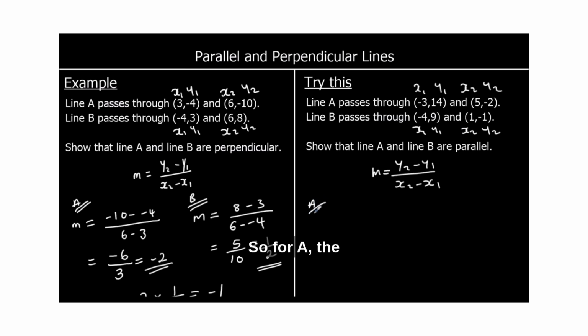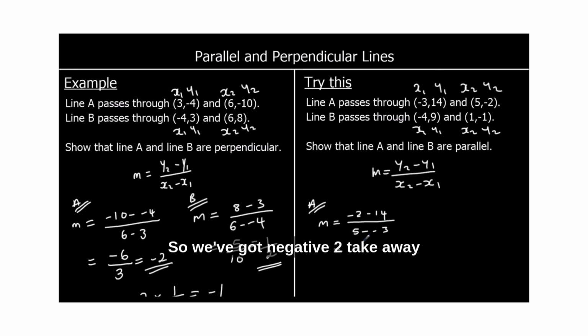So for A, the gradient is y2 minus y1, which is negative 2 minus 14, over x2 minus x1, which is 5 take away negative 3. So we've got negative 2 take away 14, which is negative 16, over 5 plus 3, which is 8. A negative divided by a positive is negative, and 16 over 8 is 2. So A's got a gradient of negative 2.